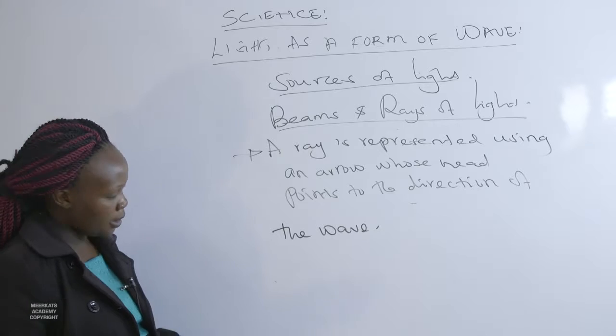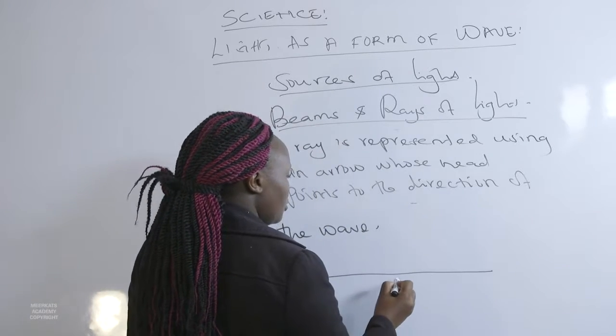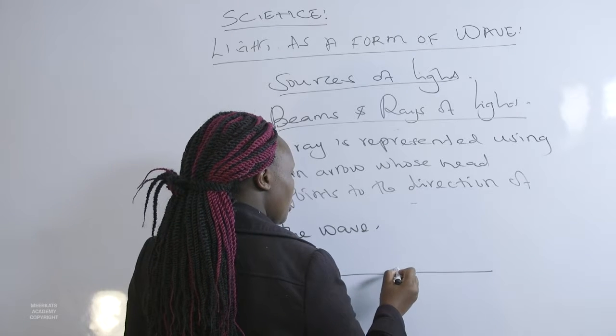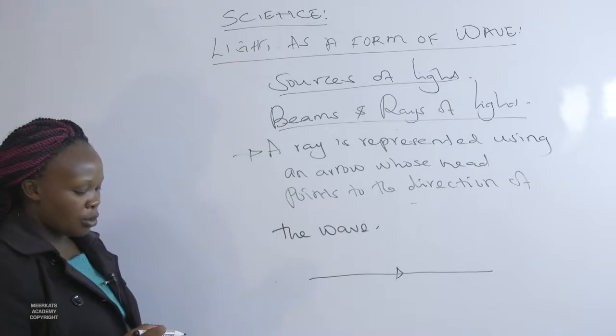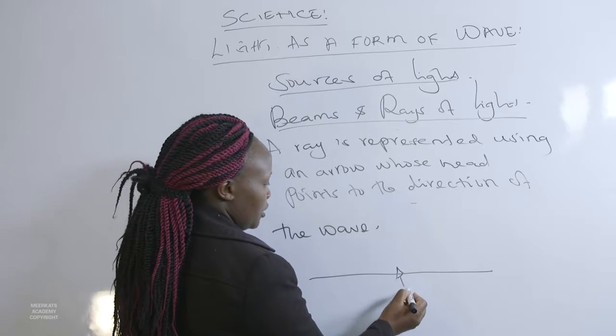This is what we mean, that we draw an arrow and the head points to the direction of motion of the wave train.